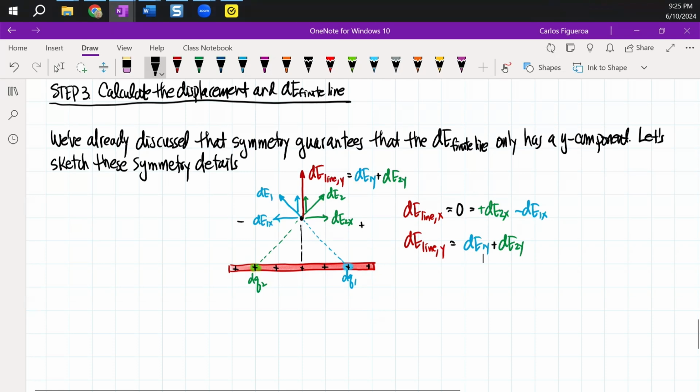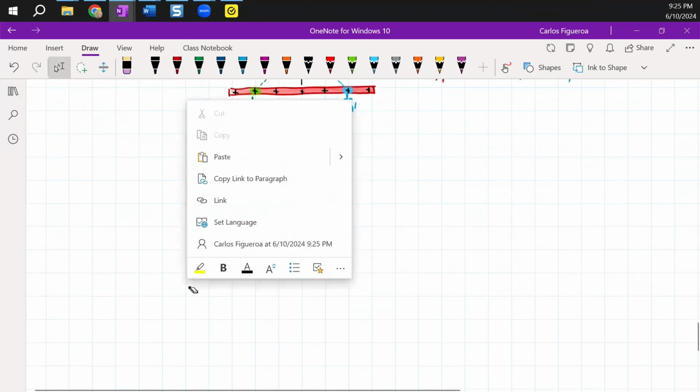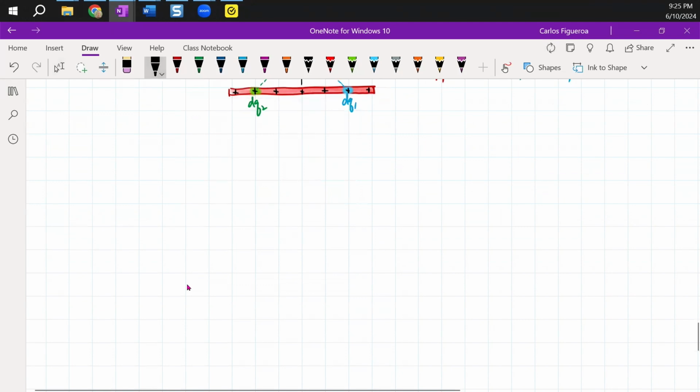When I look at this field, what we're seeing here is that because they are the same distances, I could now only focus on one field and be comfortable with it. That is the field of the line in the x and the y direction, which is also the net field. So now we have a process.